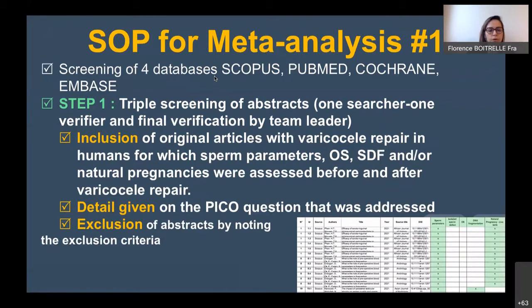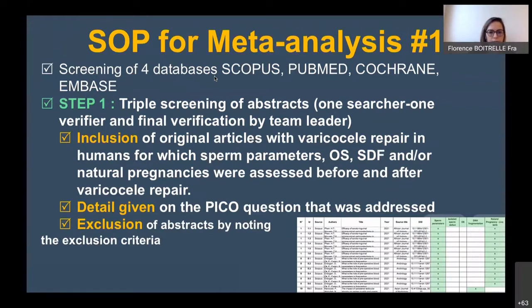In fact, 4 databases were screened, and in step 1, the abstracts of several thousand articles were screened in triplicate.